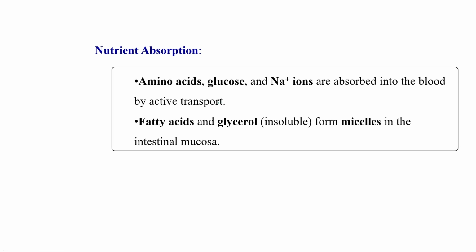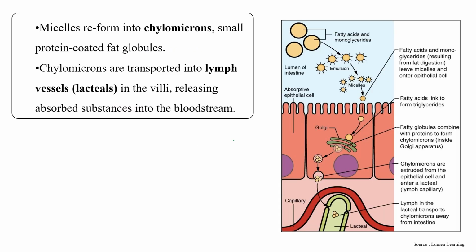So nutrient absorption occurs in its simplest form, like amino acid, glucose, sodium ion. In this form, these are absorbed into the blood by active transport. Fatty acid and glycerol, which are insoluble, form micelles in the intestinal mucosa.